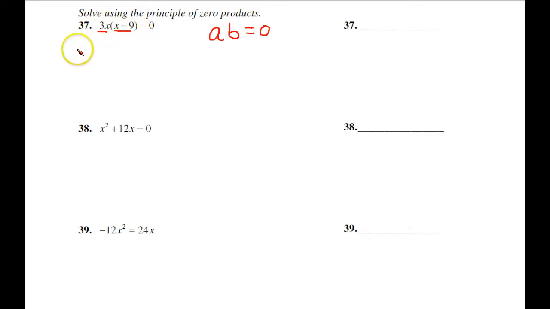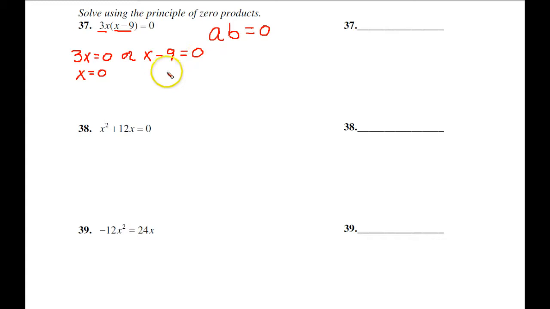We solve it by setting up two little equations. We take the first factor, 3x, and equal it to 0. We're saying that 3x could be 0, or x minus 9 could equal 0. And here, when we solve, dividing both sides by 3, we got x equals 0.